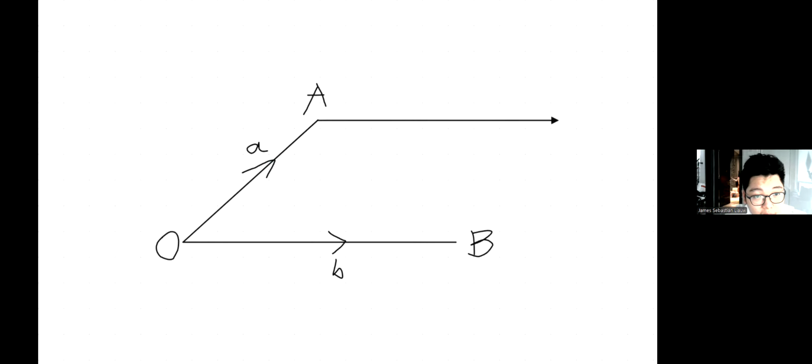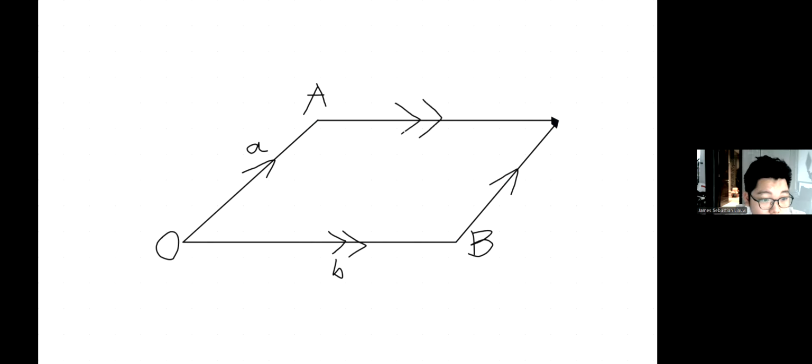If we connect a line from A extending so that this line is parallel to OB, and then from B extending so it's parallel to OA, as you can see, this meets all the basic features of a parallelogram, geometrically speaking.